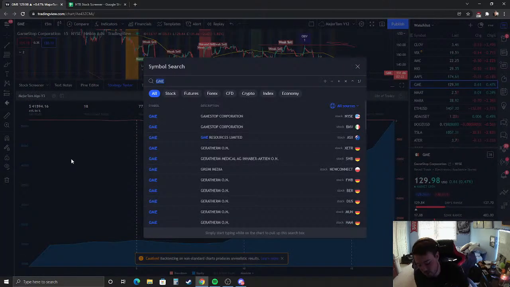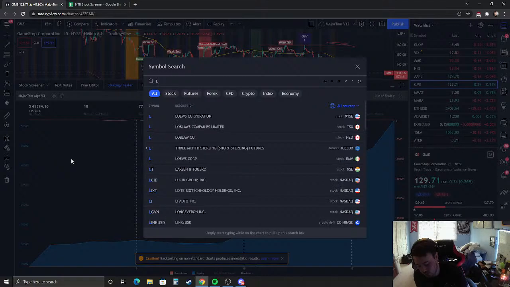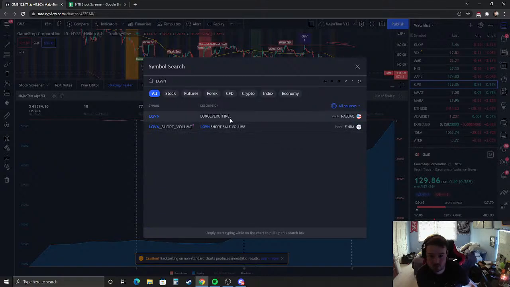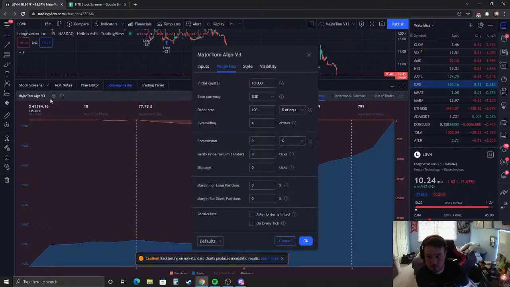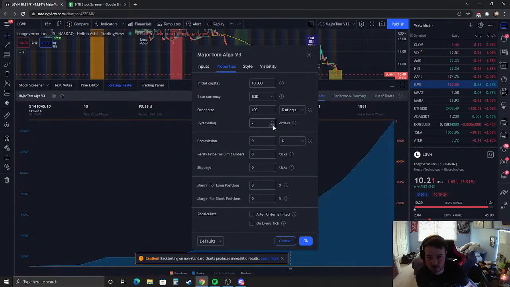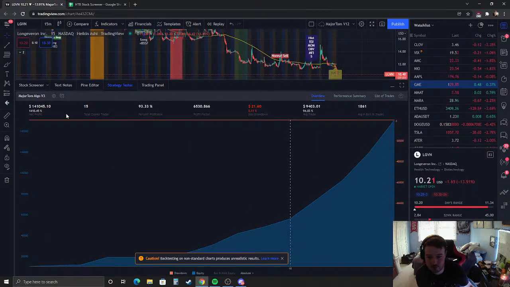What makes it even more insane is if you combine the algo with tools like the screener, and we take a look at LGVN, I believe it was. You can even bring the pyramiding down here so it works. And we see things like this, right?